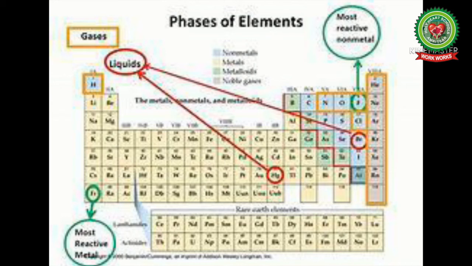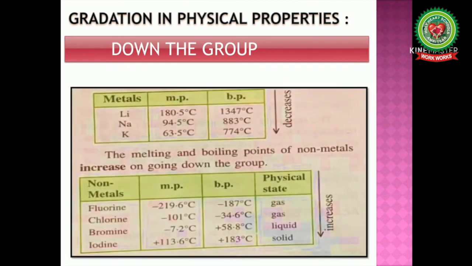The next topic we are going to discuss is gradation in physical properties of elements. First, we will discuss down the group. The melting and boiling points of metals usually decrease on going down the group, whereas the melting and boiling points of non-metals increase on going down the group.